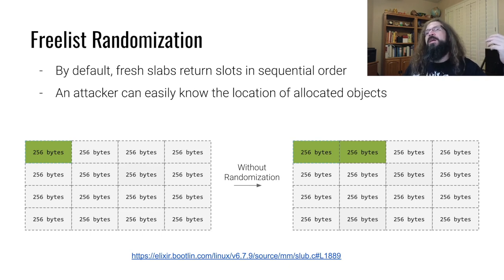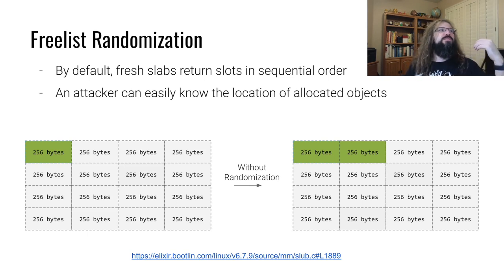Then if, for instance, kmalloc or kmem_cache_alloc were called a second time that drew from this slab, the second allocation would come from the second slot. The third allocation would come from the third slot. This would be in order. The default free list is in order for a brand new slab.